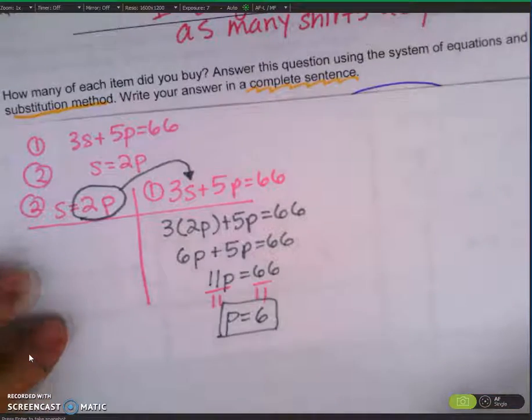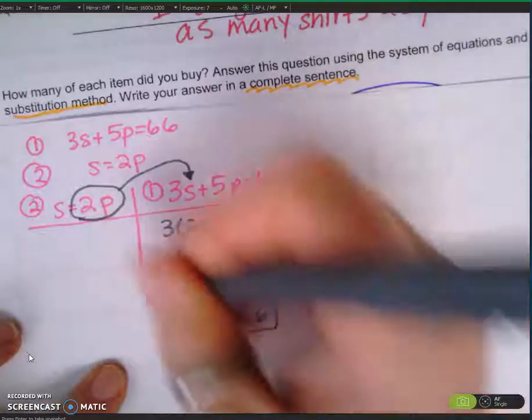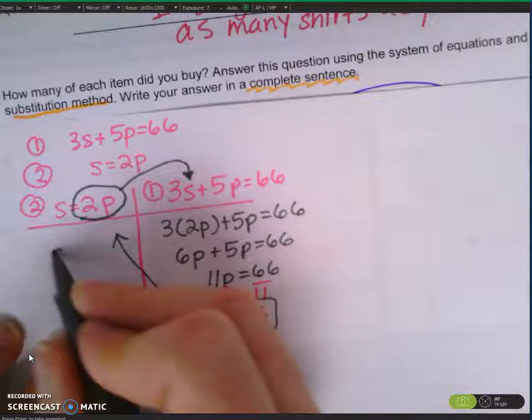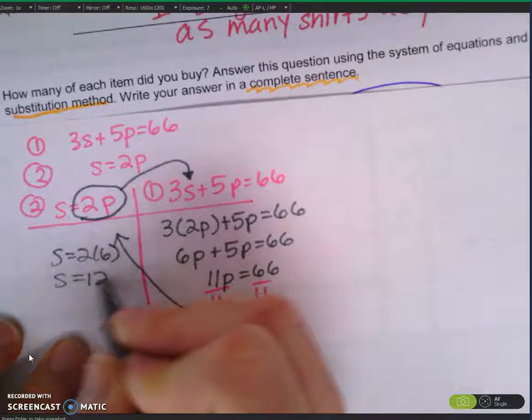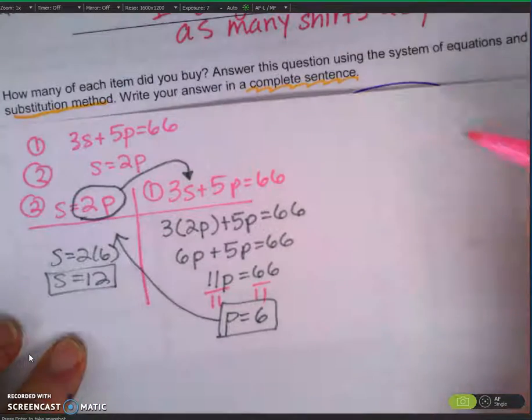But you're not done. That's just how many pants we bought, and we need to answer also how many shirts. So bring that back up to equation 2. S equals 2 times 6, which means S equals 12. Don't forget to write your answer this time in a complete sentence.